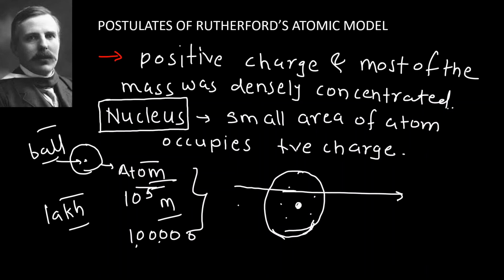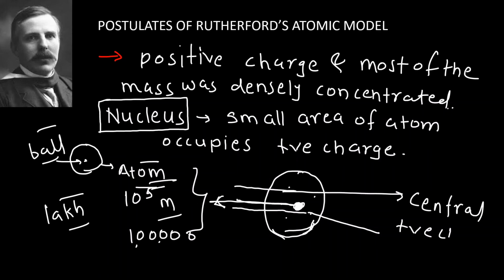The alpha particles bombarded near the nucleus were deflected, and those bombarded exactly on the nucleus bounced back at 180 degrees. Because of this he concluded that positive charge is not uniformly distributed but concentrated at a particular point, and that central point of positive charge he termed the nucleus, and the size of the nucleus is almost 1 lakh times smaller than the size of the atom.